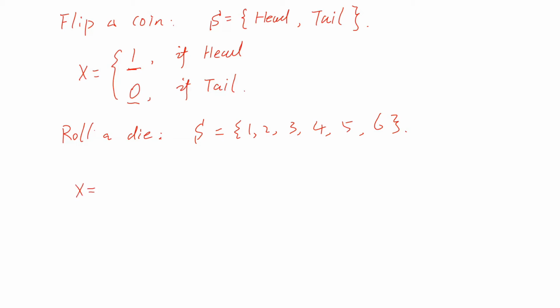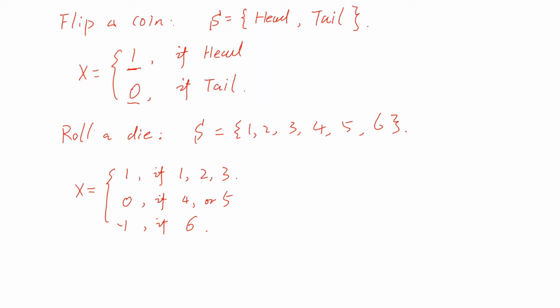Say X equals 1 if we have 1, 2, or 3, all right? So it equals 0 if 4 or 5, and if the outcome is 6, it equals -1.